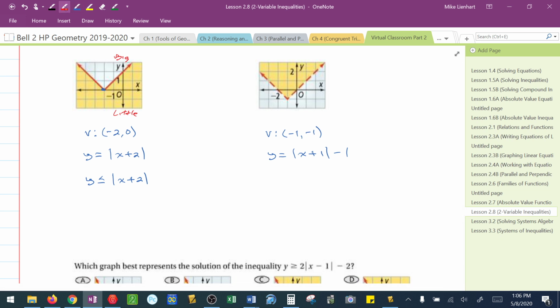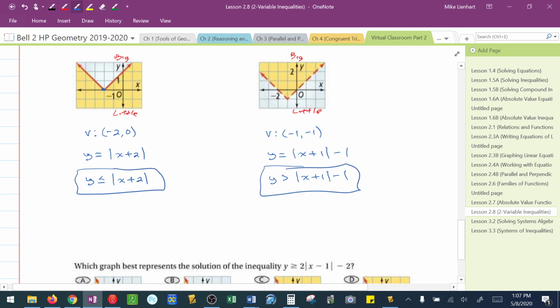It's going to be dashed. And again, I use my concept of big and little. It is shaded in the big region. Big means greater than. So this inequality would be y is greater than the absolute value of x plus 1 minus 1. And those would be my final graphs, or equations for those graphs.